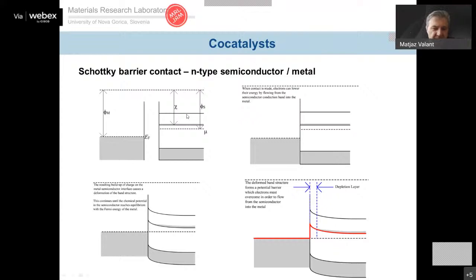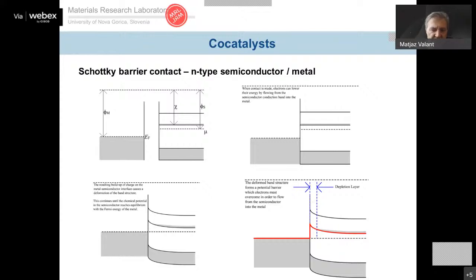So here I give you some examples. When the contact between the semiconductor, in this case metal, is made, electrons can lower their energy by flowing from the semiconductor band into the metal.